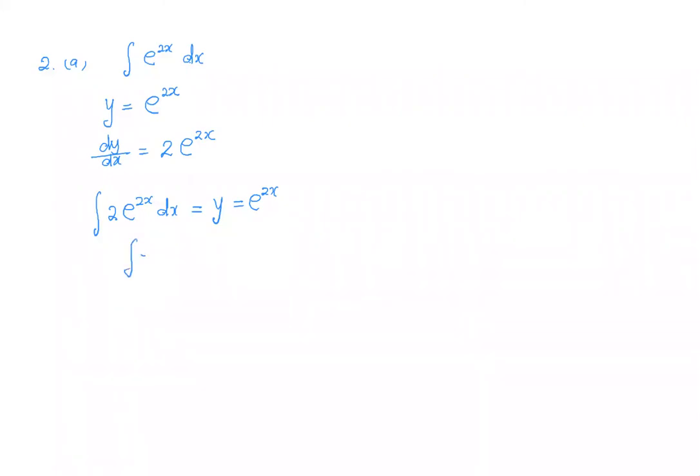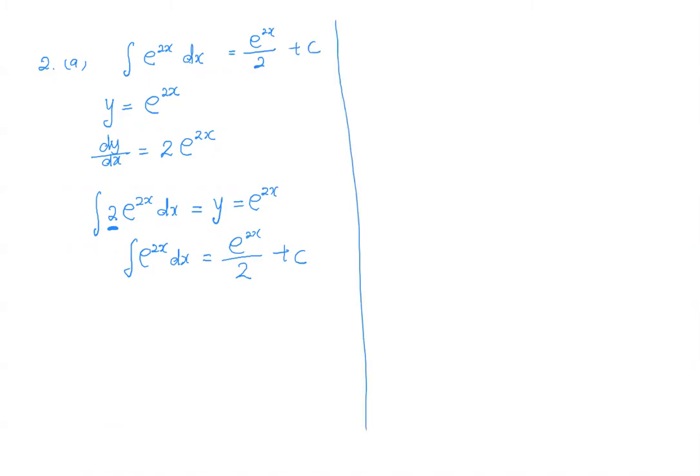So 1 time of it, the integral of e to the power of 2x, will be equal to e to the power of 2x, and the 2 brings over, divided by 2. Correct? Then plus c. So this is e to the power of 2x over 2 plus c. That's for part A.